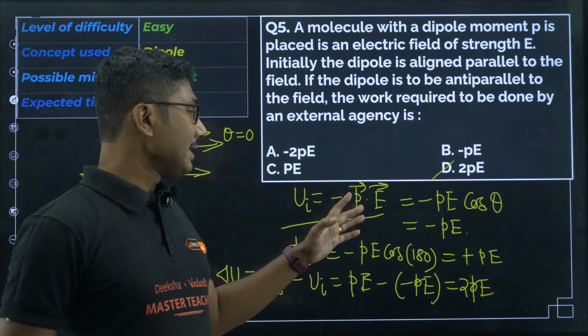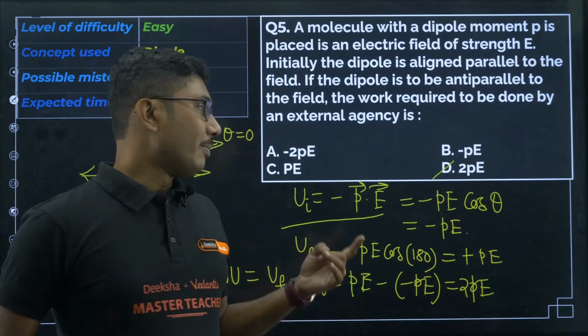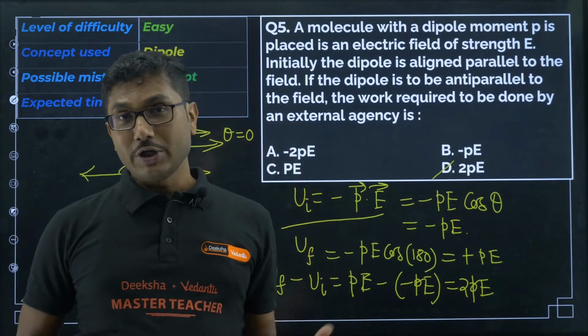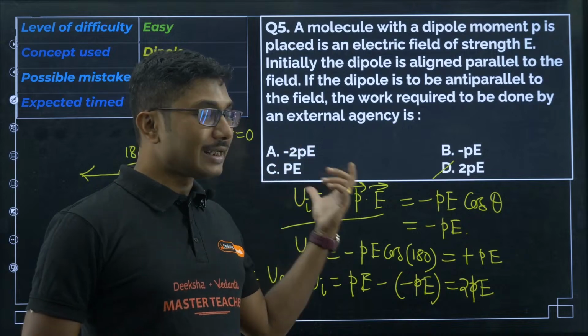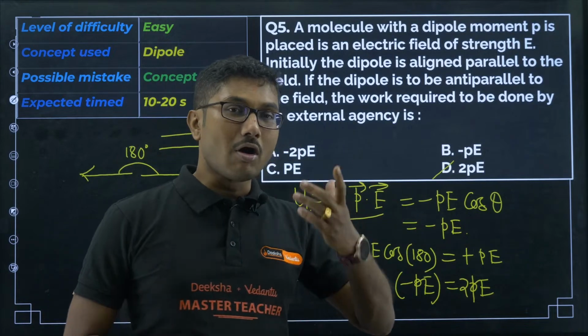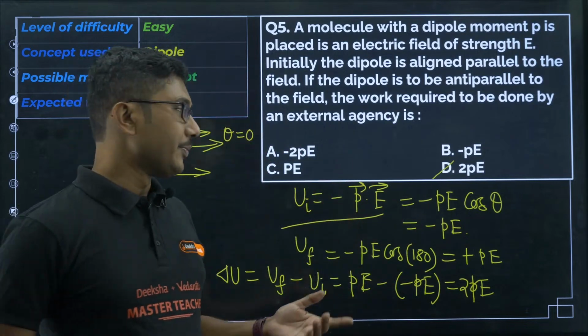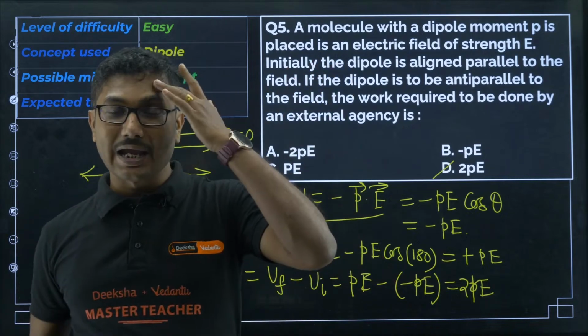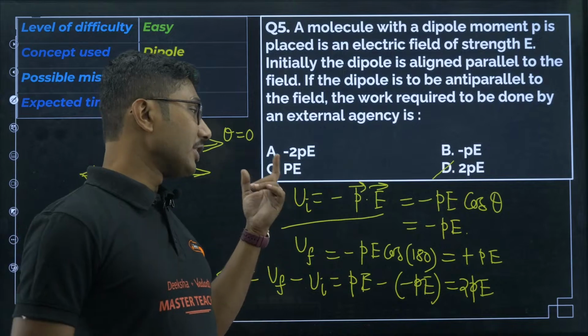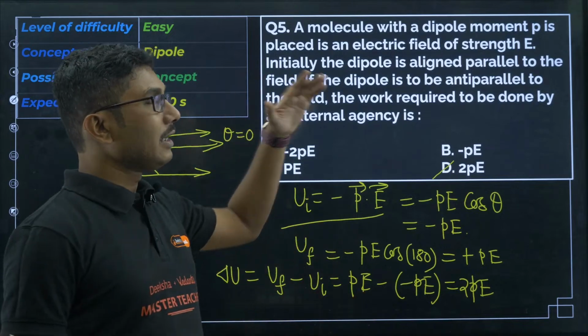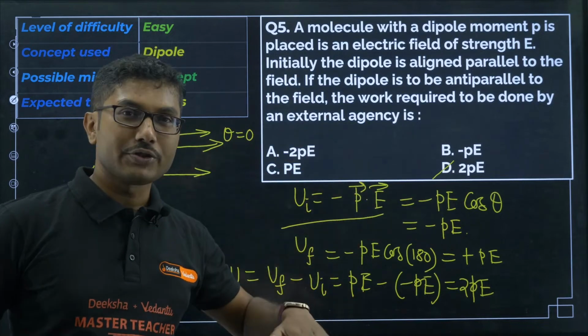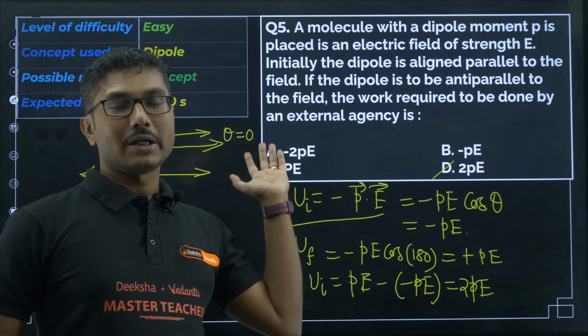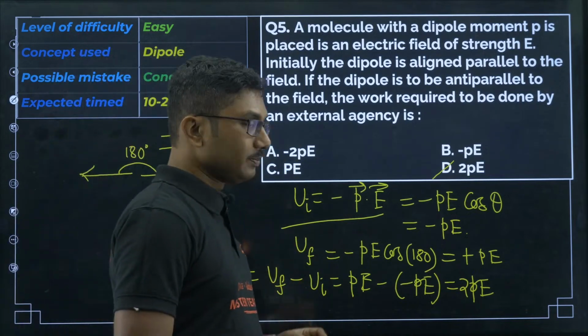That is the torque, but potential energy is a scalar quantity. Scalar quantity is P dot E, not P cross E. There is a derivation given in your book. They have even considered the 90-degree angle to be the zero potential position, and if they are parallel, that is negative potential, and if they are anti-parallel, it is a positive potential.